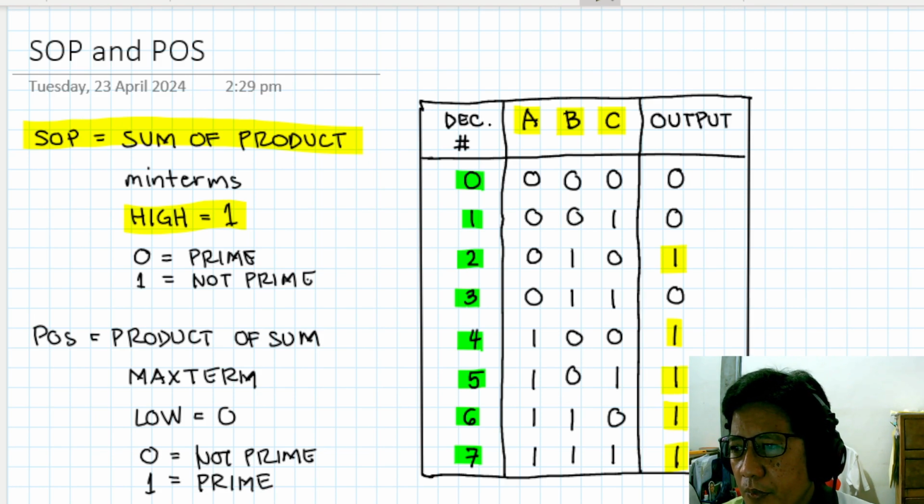Now, each of these outputs has an equivalent minterm. So let's write this as minterm subscript 2, minterm subscript 4, minterm subscript 5, minterm subscript 6, and minterm subscript 7. The subscript came from the decimal number equivalent.